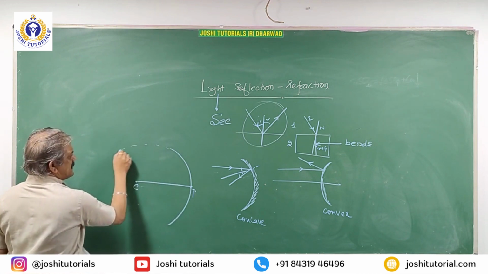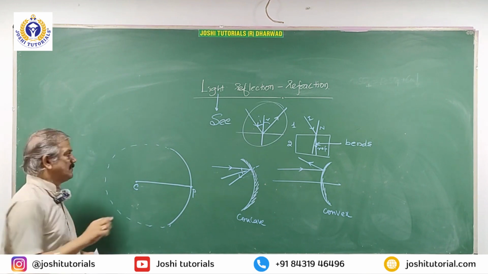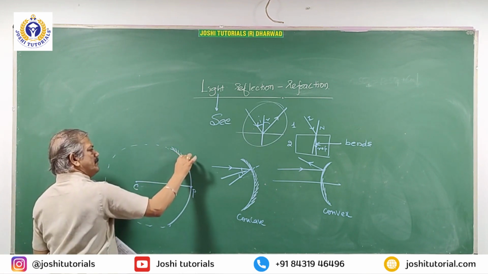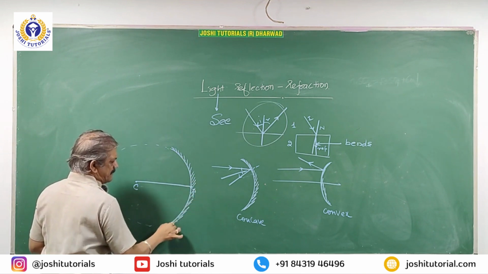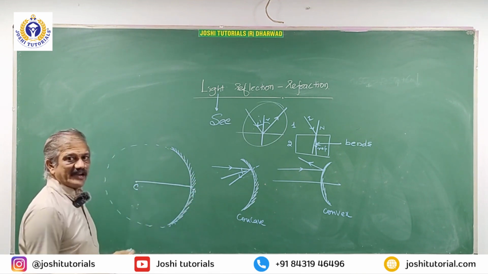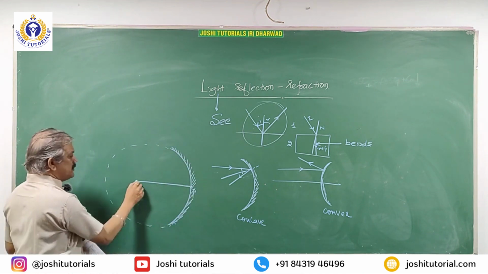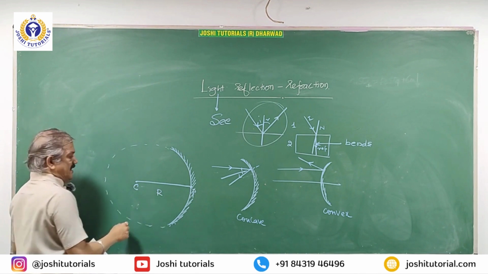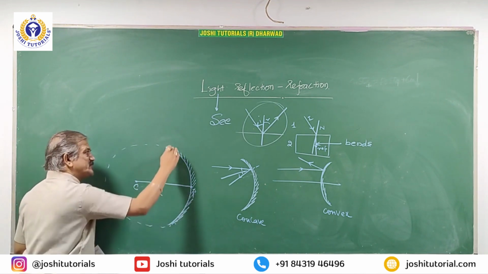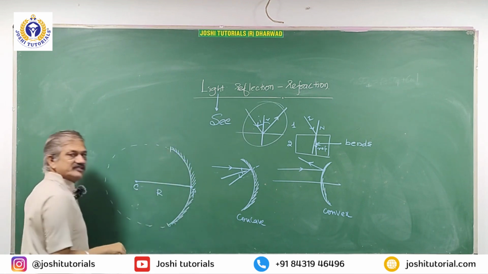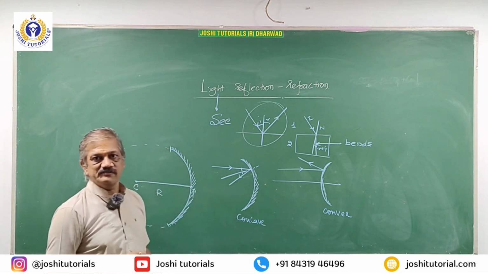If you complete it, you are going to get a circle. If you apply some paint from outside, reflection takes place inside. So now this acts like a radius, the radius of a sphere of which the mirror is a part. It is called center of curvature.